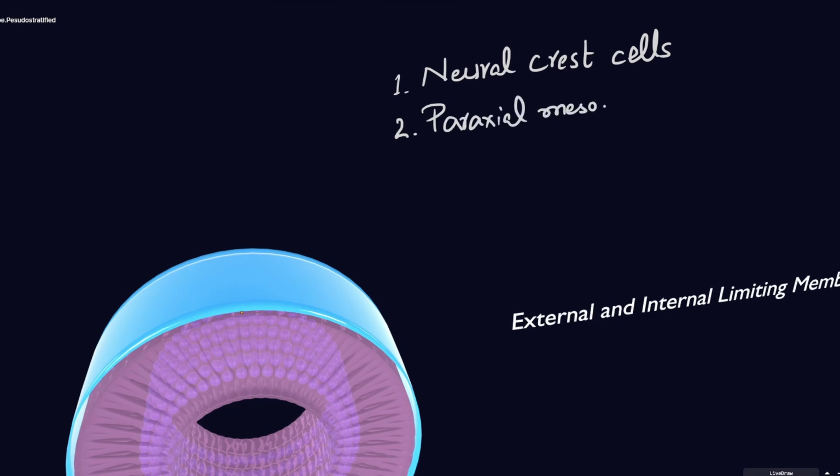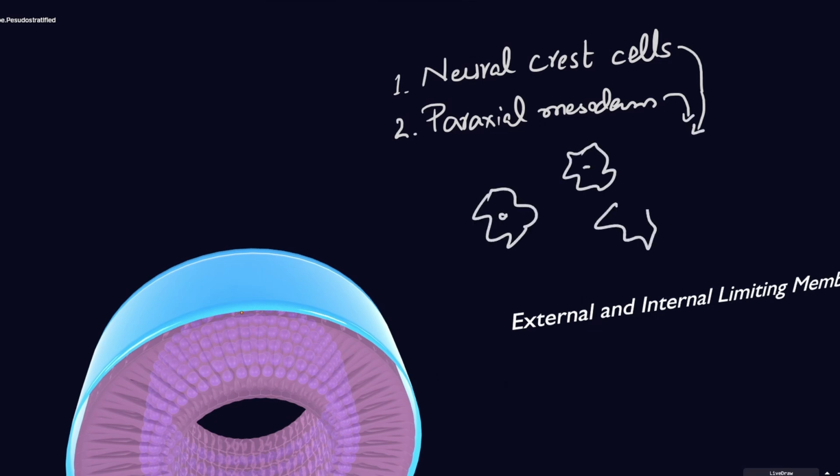So neural crest cells as well as some contribution from paraxial mesoderm will proliferate and form irregularly shaped cells, mesenchymal cells. As I've told you, they do not have a particular shape, they are irregularly shaped and just randomly interspersed within the embryonic connective tissue, forming the mesenchyme.